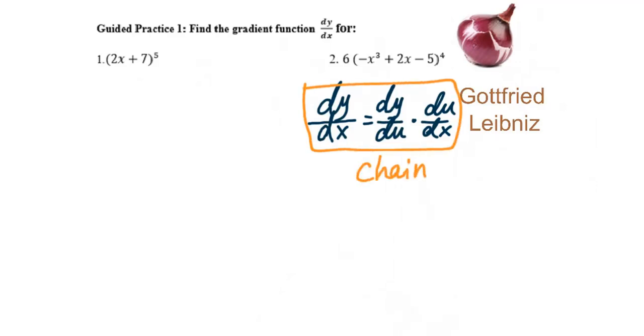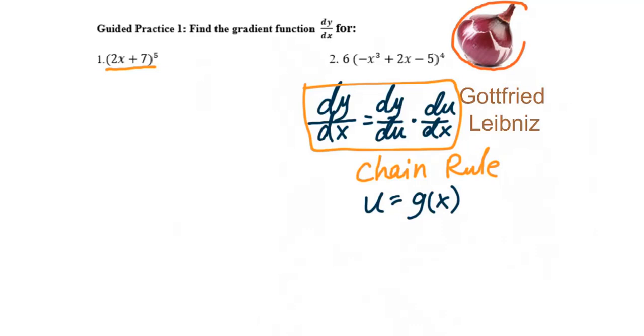But when you do the derivative of a function like (2x plus 7) to the fifth power, if you use u equals g of x, then it will take you a long time to finish one problem. That's the reason when you use the chain rule, I need you to think about how to peel onions.